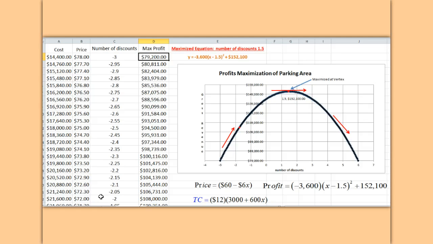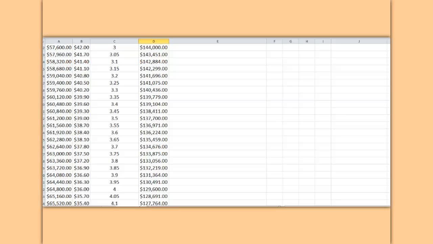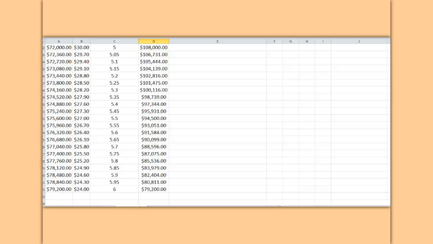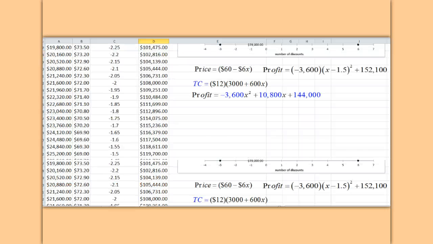Now, what I did was I started from the left-hand side and went all the way to the right-hand side, because I want you to see the whole chart. As you go down to the left-hand side, you'll see the price is $24, and the cost is $79,200. See, the cost and the maximum profit.